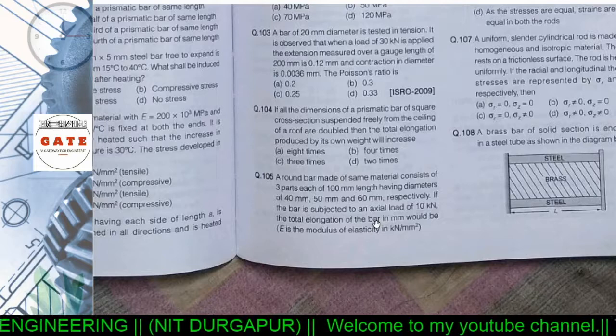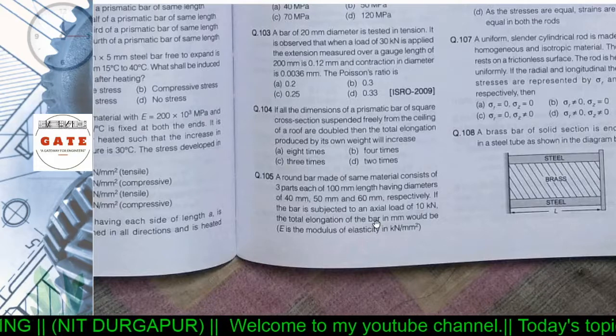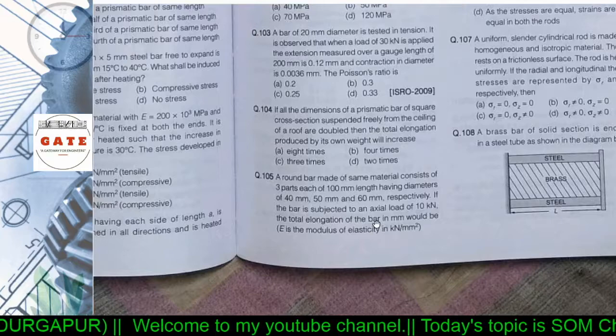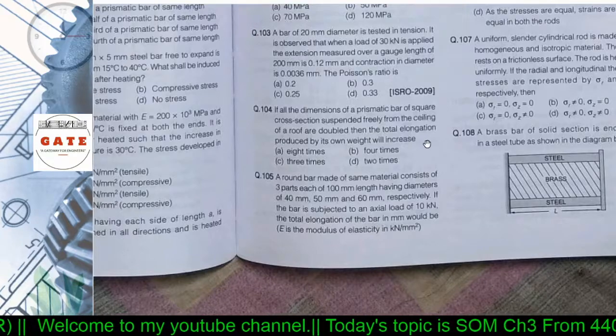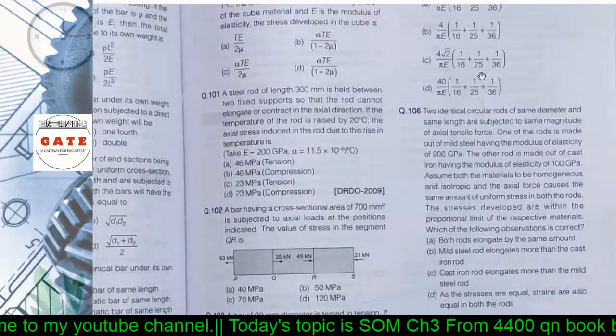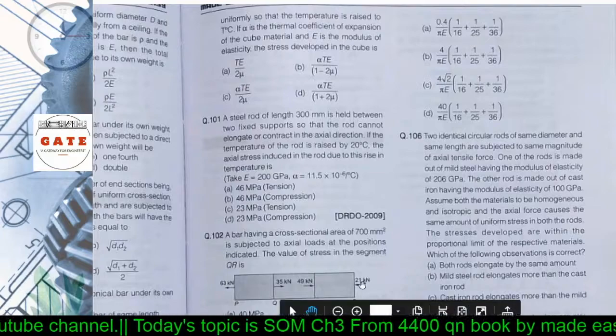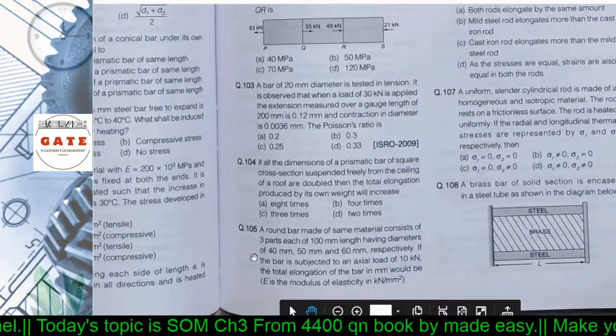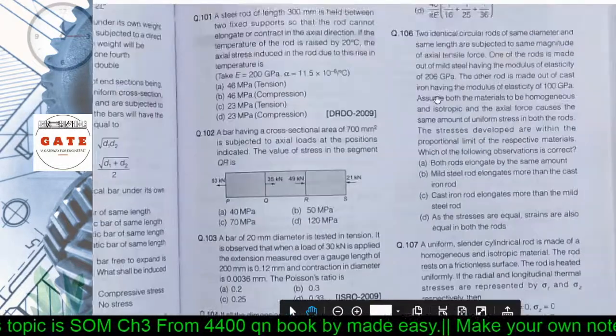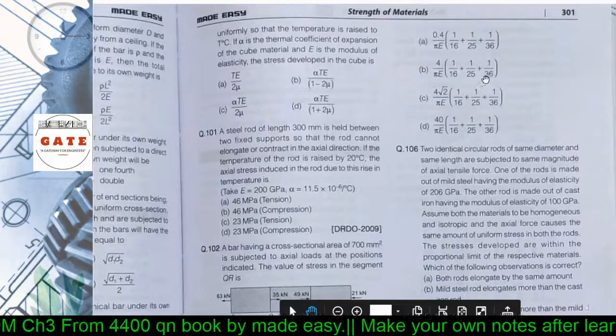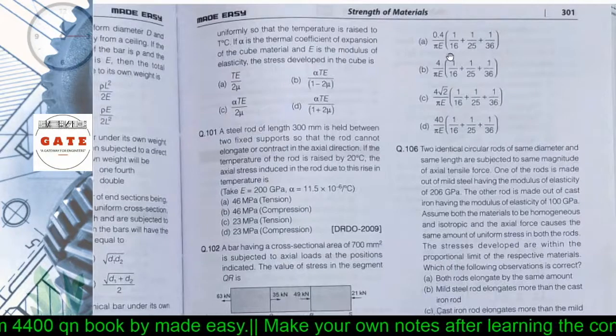So using the load as 10 and the formula 4 PL upon pi d square E, you will get the options. The d are 4, 5 and 6, so 1 by 16, 1 by 25, 1 by 36 are common.